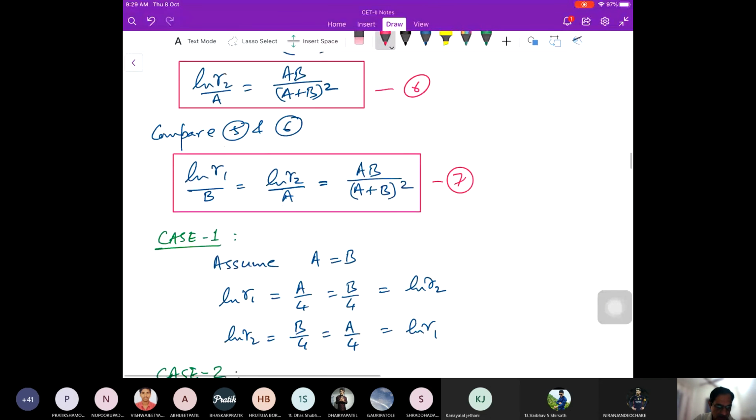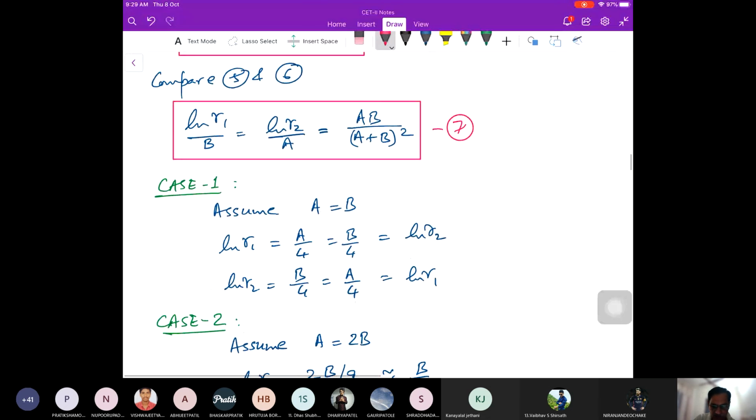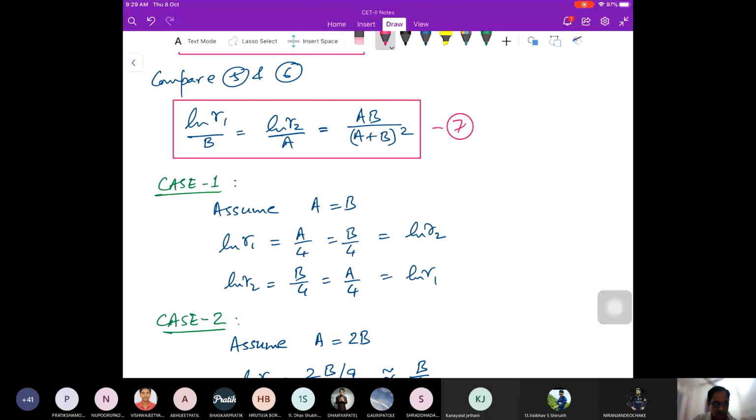Okay. So now we consider some cases with values of a and b. Suppose a is equal to b. These are constants of Van Laar equation. So if a is equal to b, if you substitute in this one, you get ln gamma 1 is equal to, if you substitute a equal to b, we'll get a upon 4. You put a equal to b, this is a square. Again, a plus b is 2a whole square.